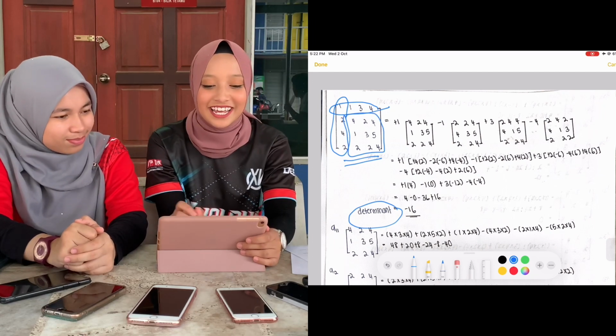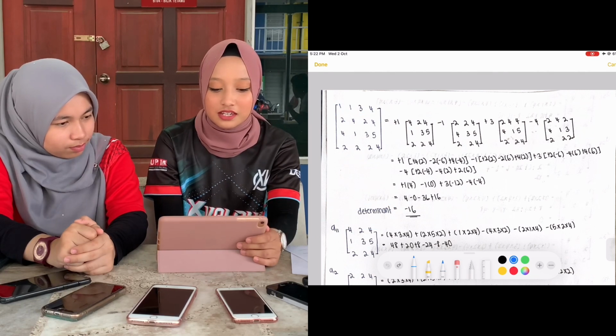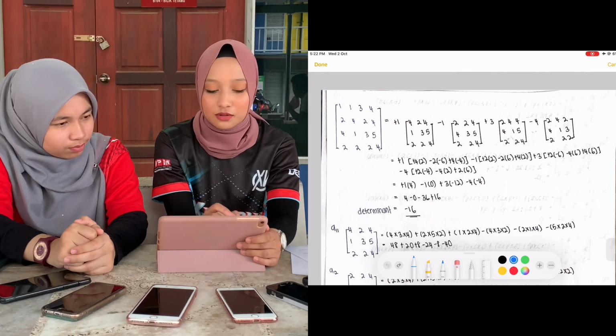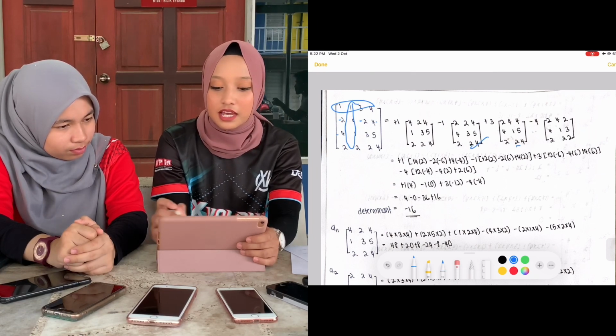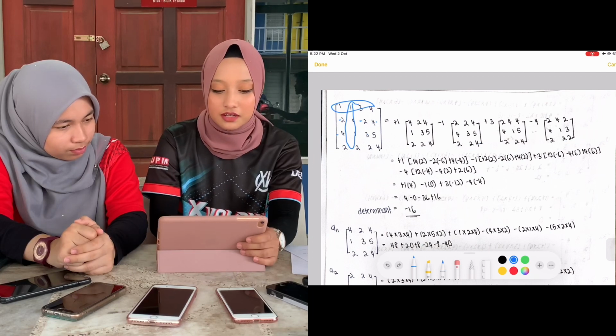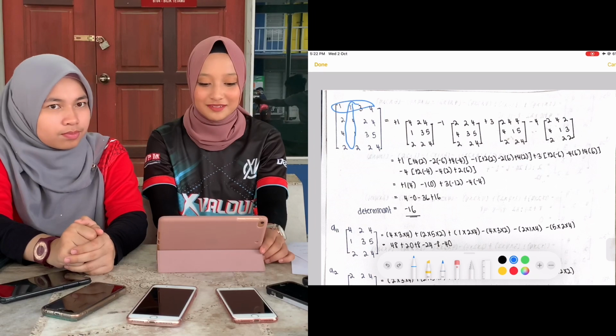And then for the next matrix, you close the second column, and you get this one. It is the same for this one and this one. I'm pretty sure my friends in question 1 have explained it better.